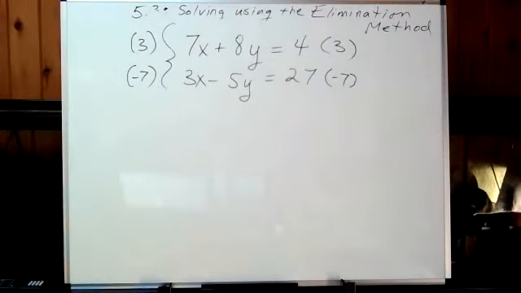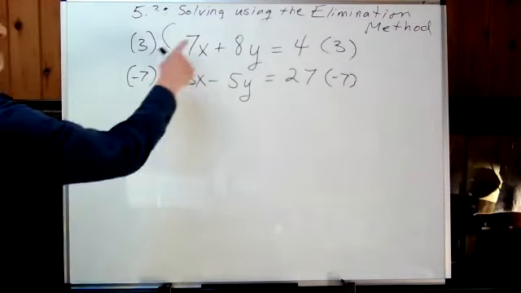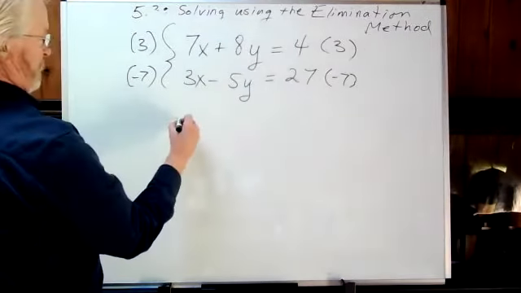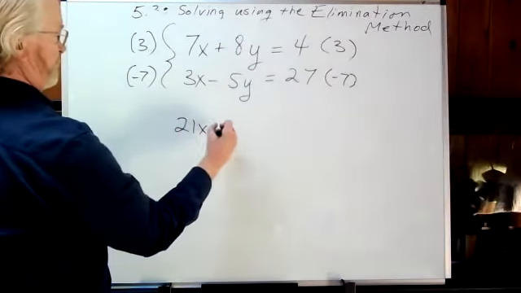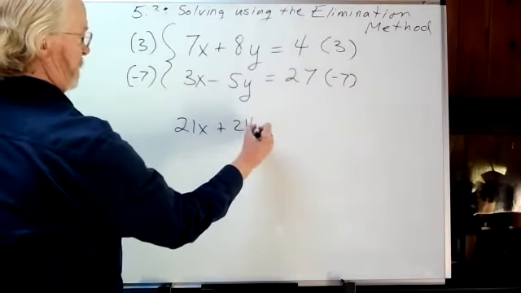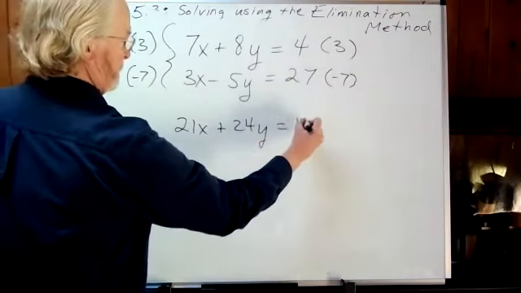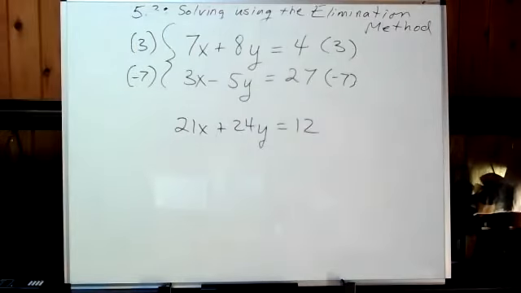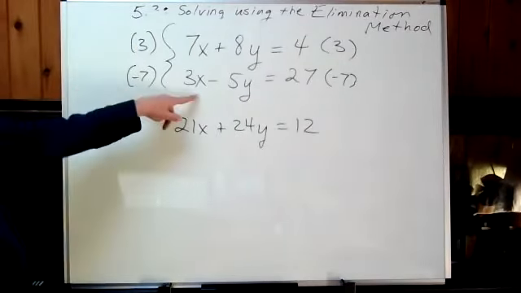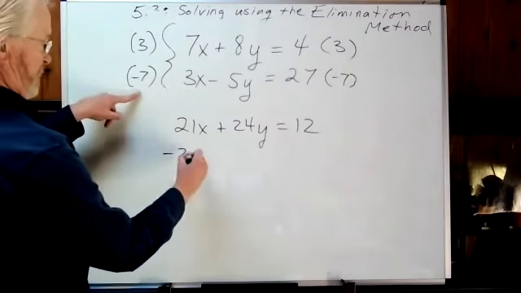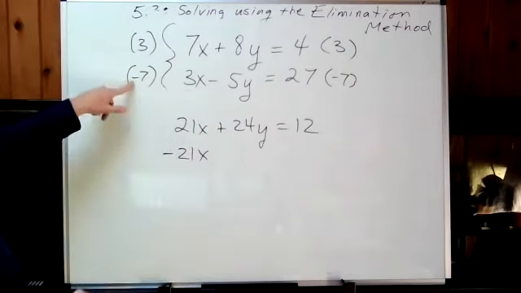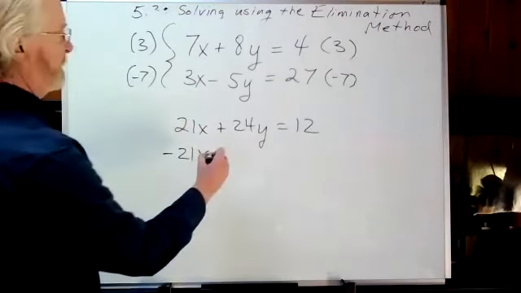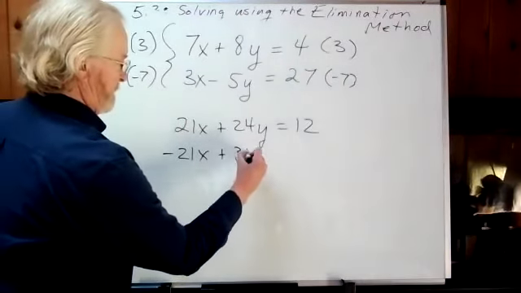So first equation, everything times 3: 21x plus 24y equals 12. Second equation, everything times -7: -21x, minus is going to be plus 35y.